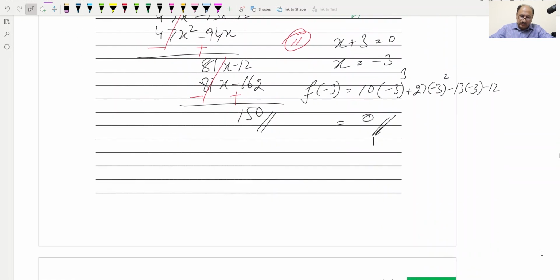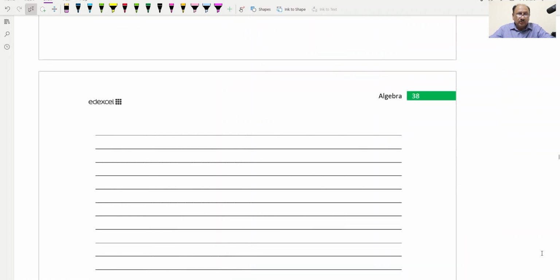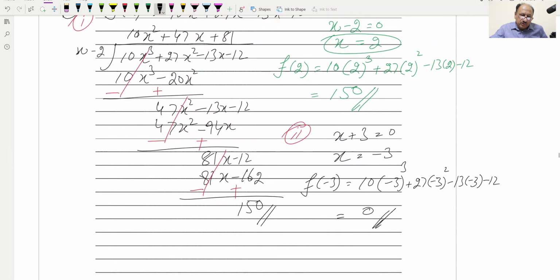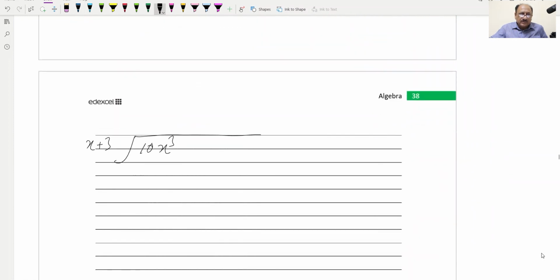So how can we factorize this? We can use the next page and divide. We write x plus 3 here, and inside will be 10x cubed plus 27x squared minus 13x minus 12. We multiply by 10x squared, which gives 10x cubed plus 30x squared.